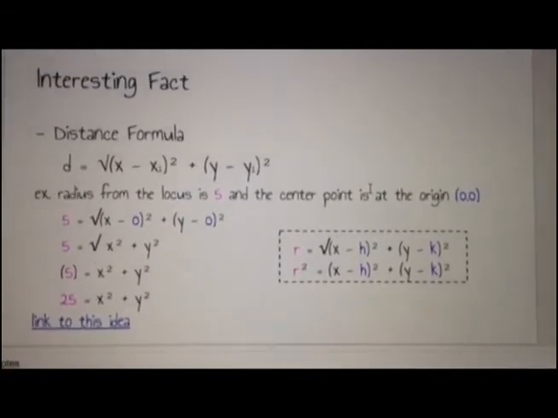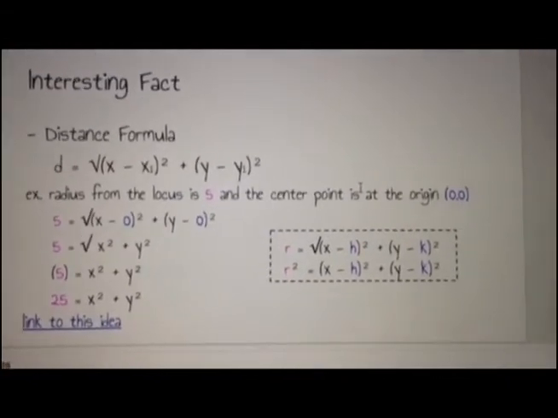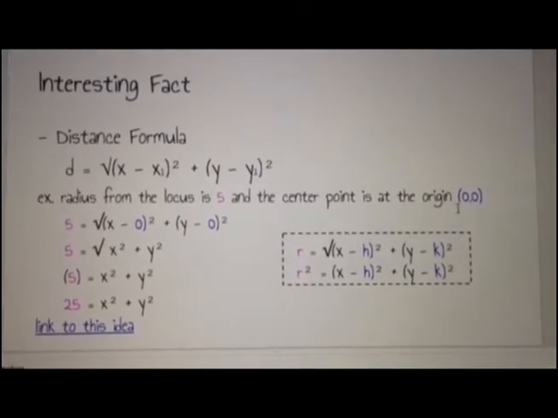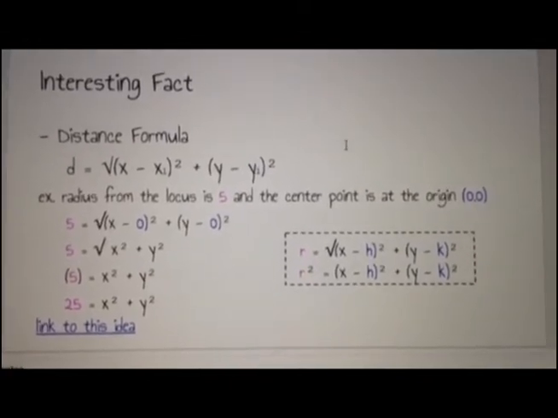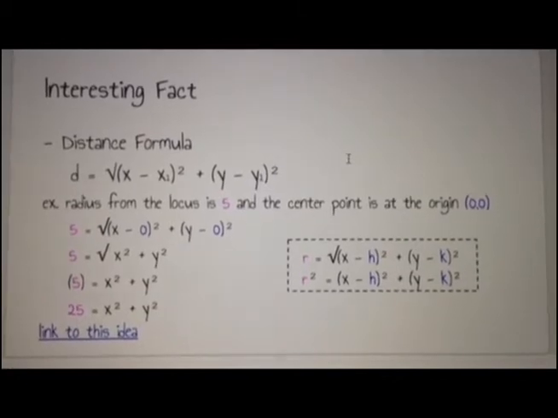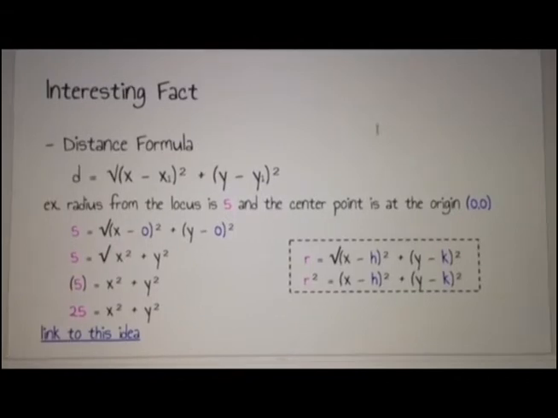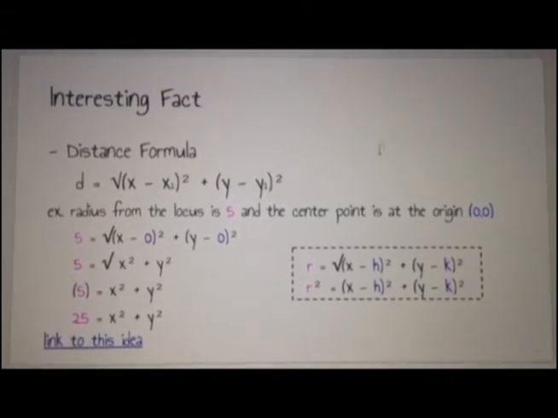For example, the radius from the locus is 5 and the center point is at the origin. This means the center point is at (0, 0) and the radius of the circle is 5.